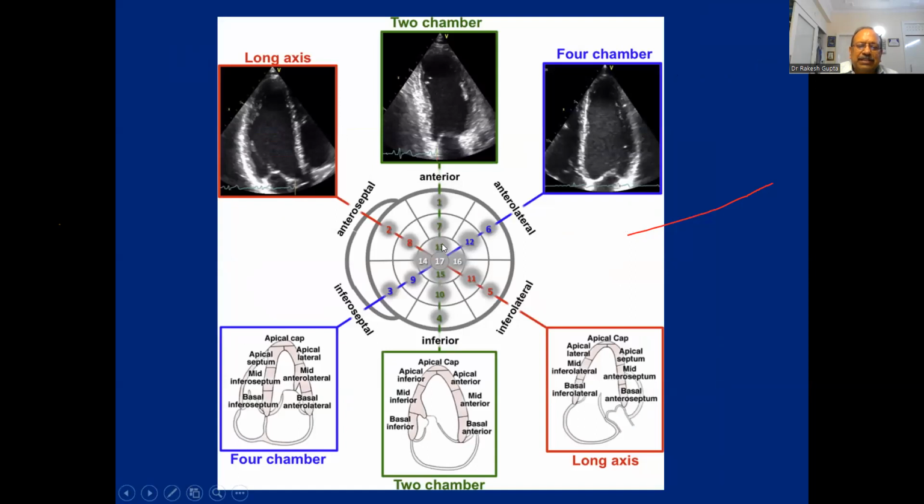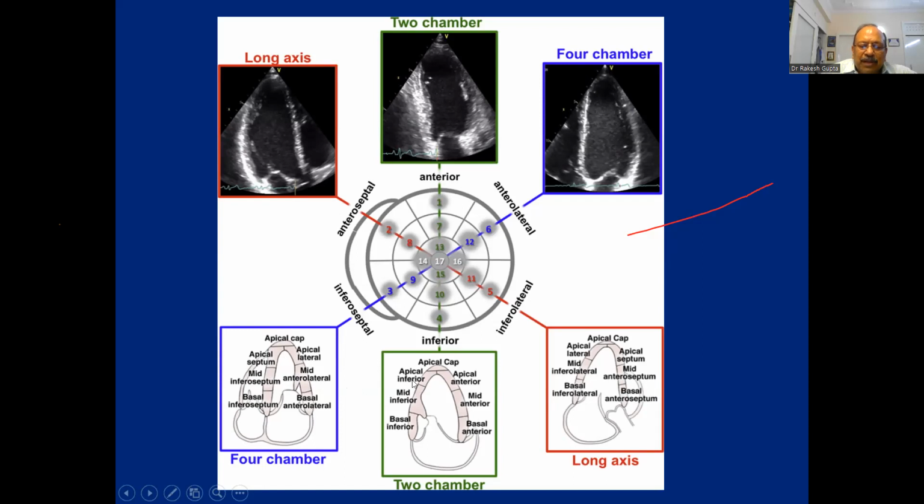This is another nomenclature which is quite good and correlates with cardiac MRI. If you want to adopt this segment model, this is also fairly acceptable. I don't say that is wrong. The only thing that has happened here is, if you look at this segmental model, this is the apical cap. This is apical septum, this is apical lateral wall. So nothing has changed as far as the apex is concerned.